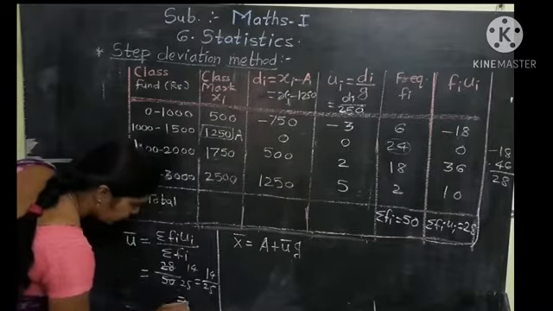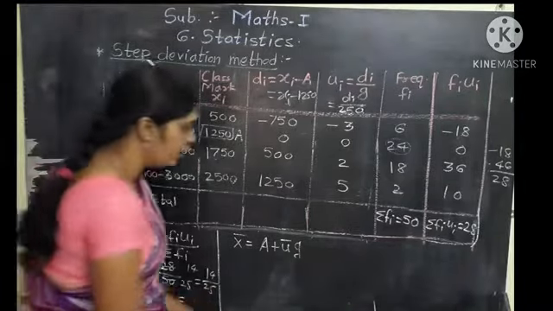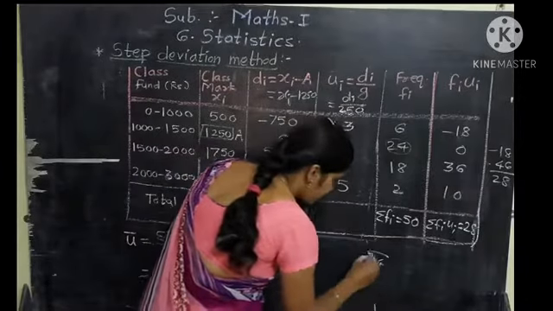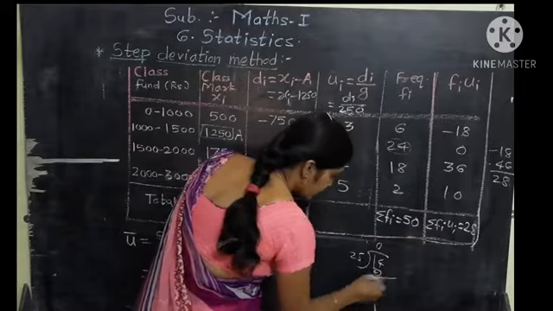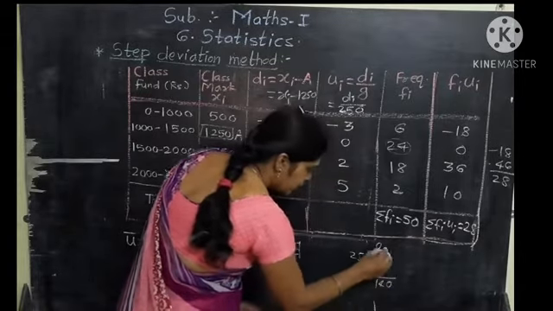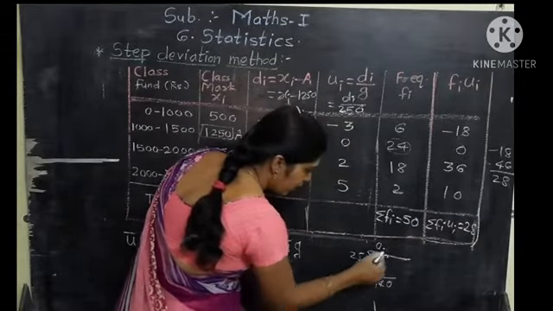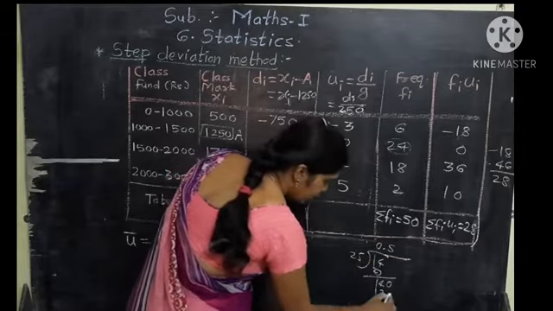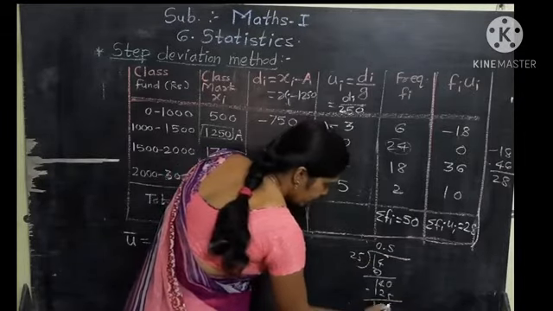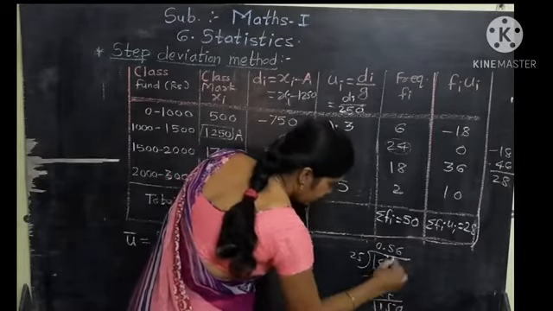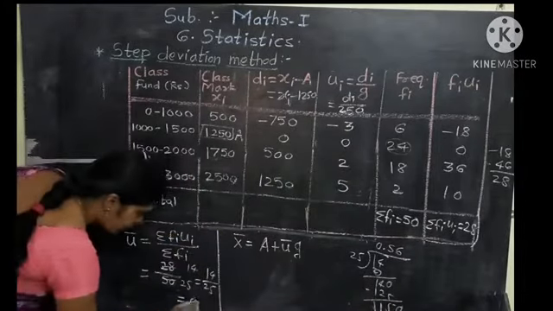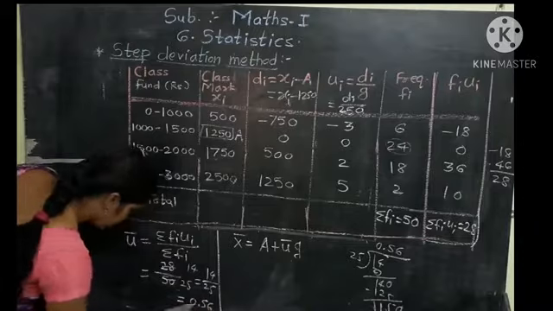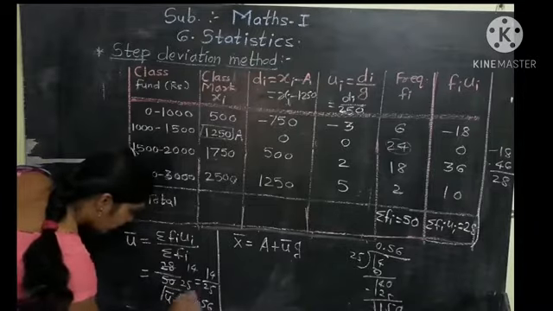Calculate this. 14 divided by 25. 25 5s are 125, 25 6s are 150. Therefore, the answer is 0.56.